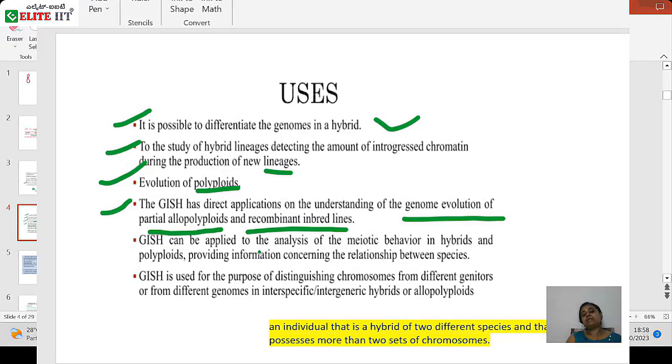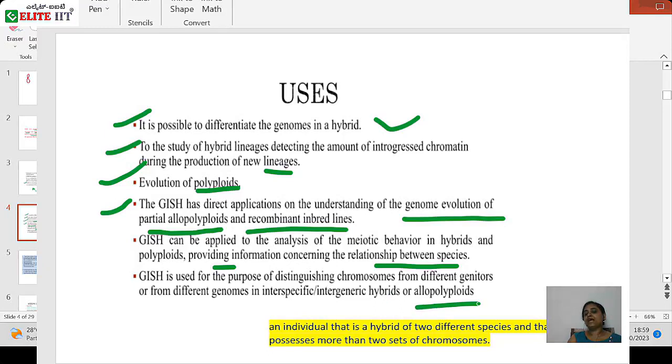GISH can be applied to the analysis of meiotic behavior in hybrids and polyploids, providing information concerning the relationship between species. So you can consider a phylogenetic study you are doing. GISH is used for the purpose of distinguishing chromosomes from different genitors, from different genomes in interspecific or intergeneric hybrids or alloploids.